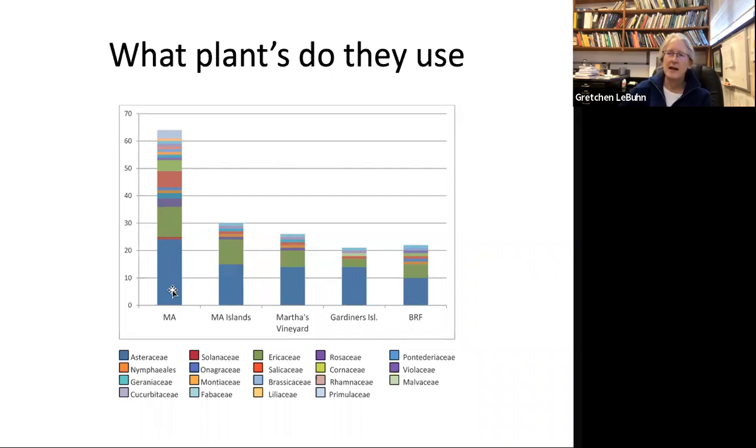Those are the daisy-like plants, and they're really an important resource on all of the Massachusetts islands and Gardner's Island in New York. And then the Ericaceae are the heath plants. Those are the ericas, I can't remember the common name. Those are the different heaths, a lot of the shrubs that you would find out in the areas around Linda Loring.